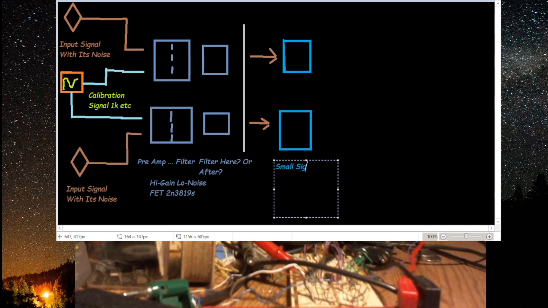Small signal transistor amplifier. See, I don't know about that filter yet. I mean, I just don't know.